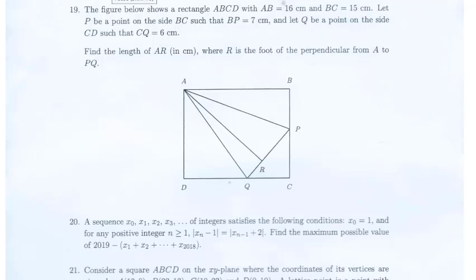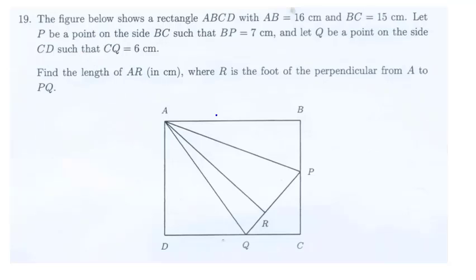SMO 2019 senior section first round, problem number 19. The figure below shows a rectangle ABCD with AB 16, BC 15. It is 15, so it is also 15. Let P be a point on the side BC such that BP is 7, so PC will be 8.